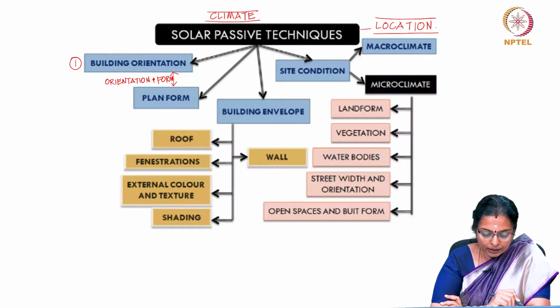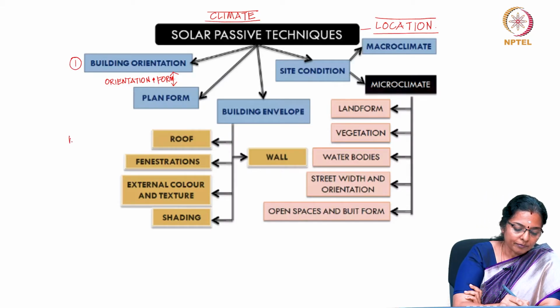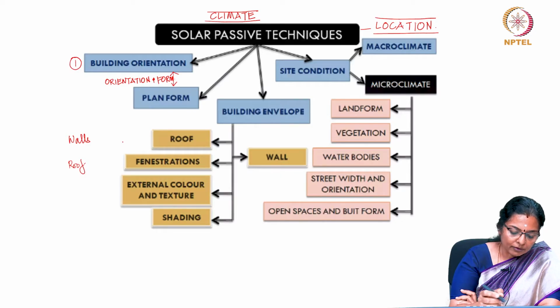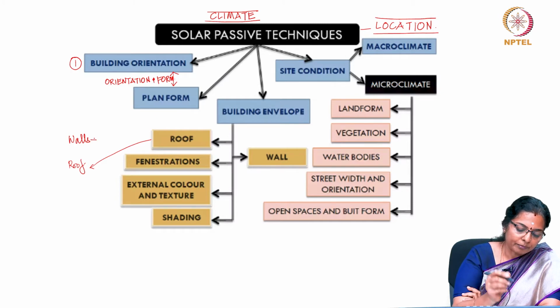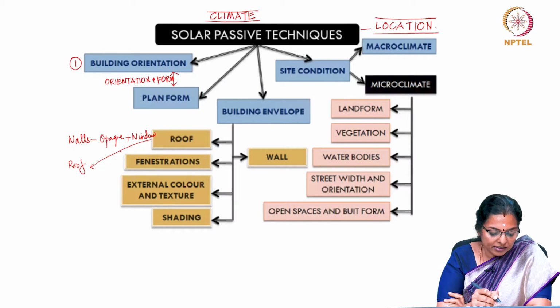Then comes building envelope. Building envelope comprises of walls and roof. Roof is already here. Wall comprises of the opaque and windows. Windows we call as fenestration, and the opaque wall comprises of windows along with the external color and texture.